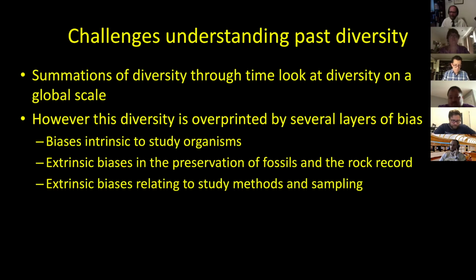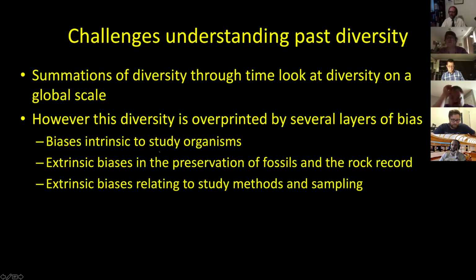And biases aren't unique to paleobiology. All of our sciences have biases in them. But bias is something that fundamentally affects how we understand this. And there are 3 fundamental different types of biases that I think you can easily identify in these data sets. The bias that's intrinsic to the organisms themselves.